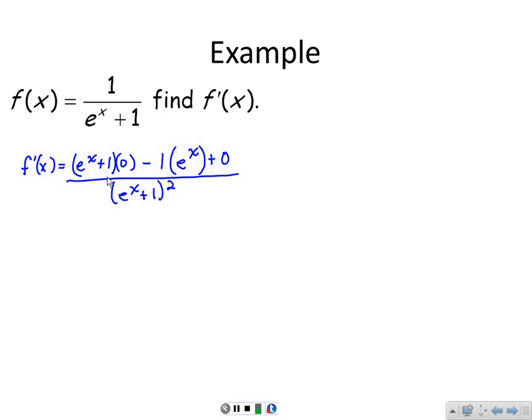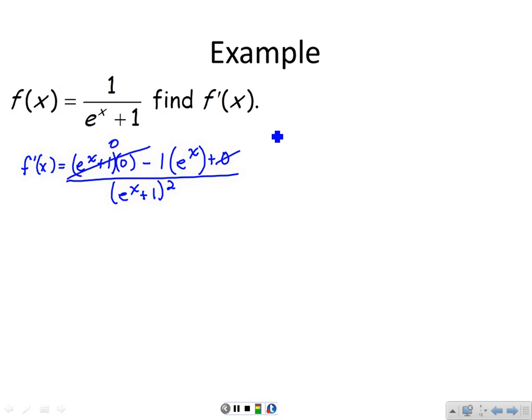So you have low times the derivative of high minus high times the derivative of low. We're going to take the derivative of each one of these separately. The derivative of e to the x is e to the x times the derivative of x, which is just going to be 1, plus the derivative of 1, which is 0. So this is going to go to 0.